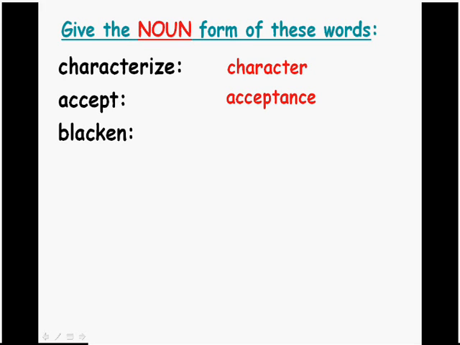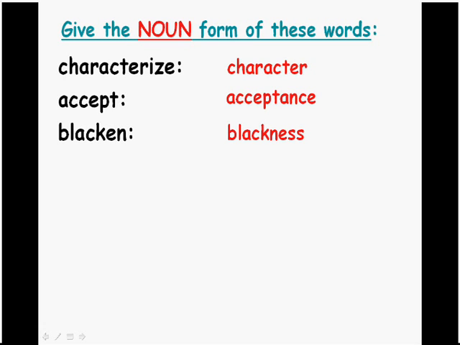Excellent. Another word is blacken. And again, blacken is a verb. We talked about it in our previous lesson. So what is the noun? Yeah, blackness.